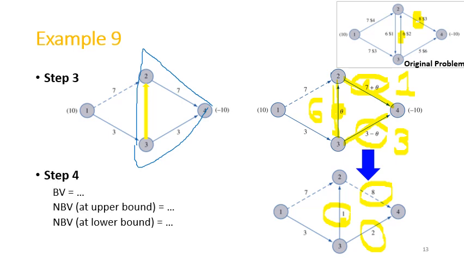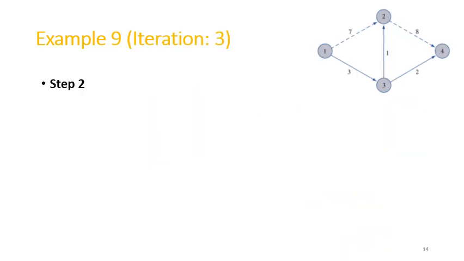Same thing here, I would like you to list what are the basic variables, non-basic at upper bound, and non-basic variables at lower bound. And then always after step 4, you cannot stop. You need to go back to step 2 first to check whether your current solution is already optimal or not.